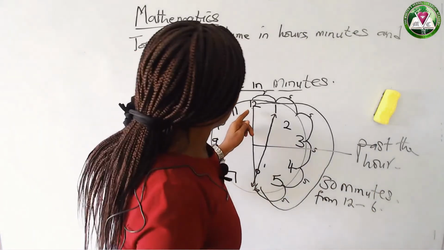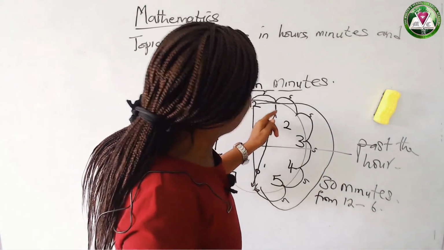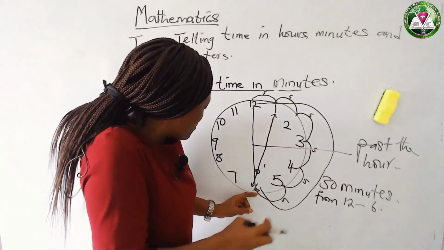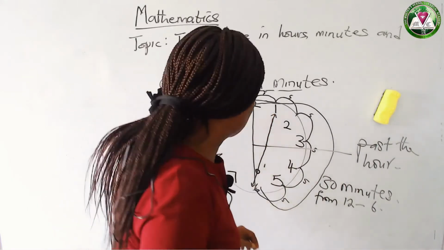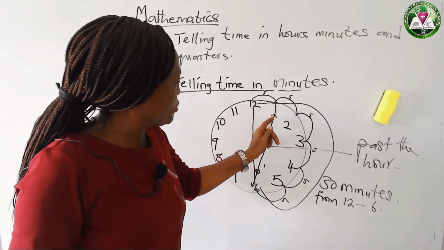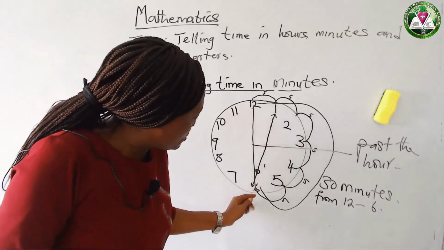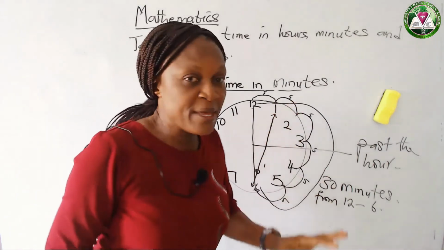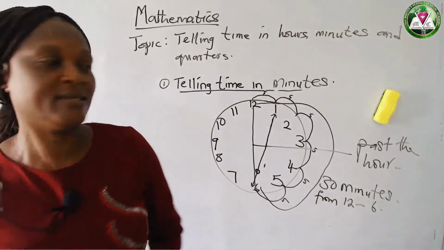So from 12 to 5, and this one, I just remove something small from 6. So we can see that from 12 to 1, this one has removed something from 6, you can see that it is 5 minutes past 6.